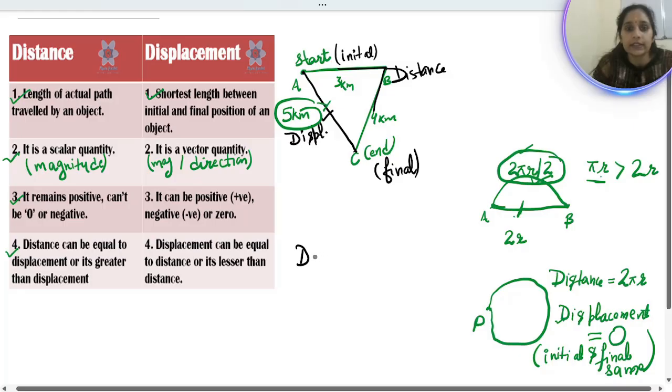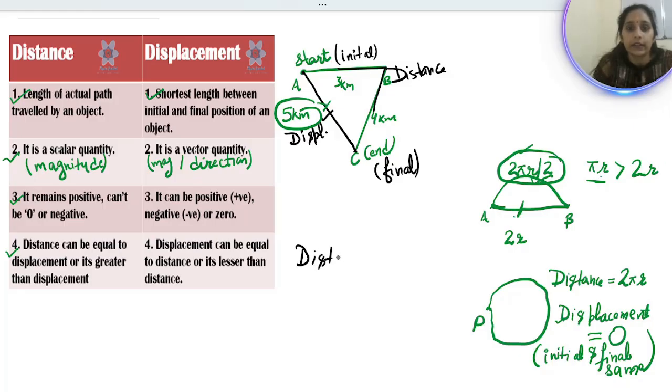The distance is greater than displacement. Also in the second case, pi r is greater than 2r, distance is greater than displacement. Here also, distance is greater than displacement. So distance is always greater than displacement.